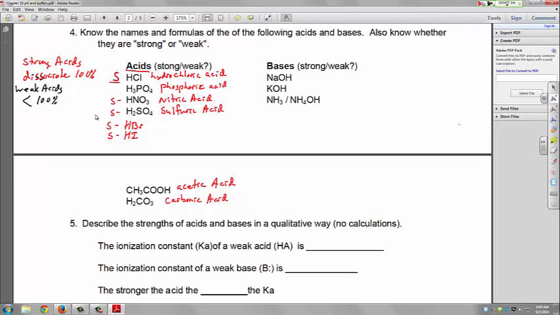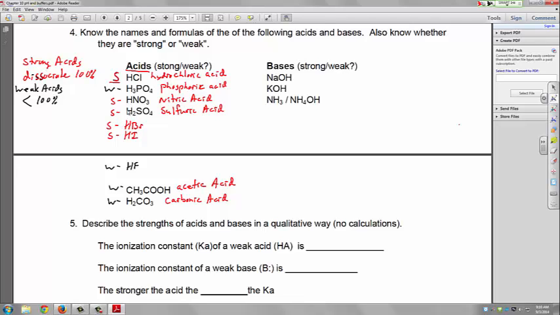The weak acids: phosphoric acid is weak, acetic acid is weak, carbonic acid is weak, and another one they don't have on here is hydrofluoric acid. It's also weak. There's just 5 strong acids. Just know these 5, and if it's not hydrochloric, hydrobromic, hydroiodic, nitric, or sulfuric acid, then it's weak.